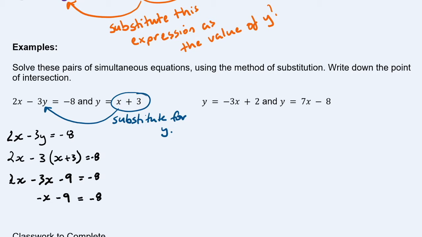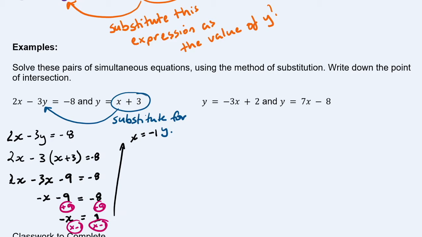If I add 9 to both sides, I get minus x equals 1, but that's a minus x, so I times both sides by minus 1. And I get x equals minus 1.